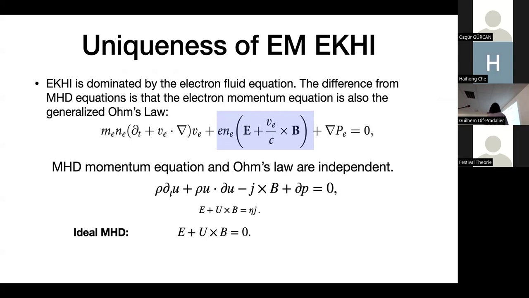One is the momentum equation, another is Ohm's law. And in collisionless plasma, we have the ideal MHD frozen-in condition. In the derivation of the dispersion relation, the ideal frozen-in condition plays an essential role because it couples with the Faraday equation.